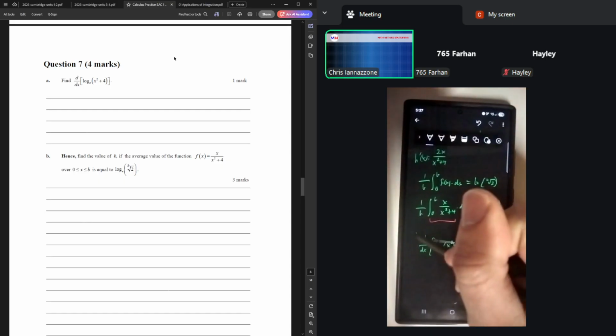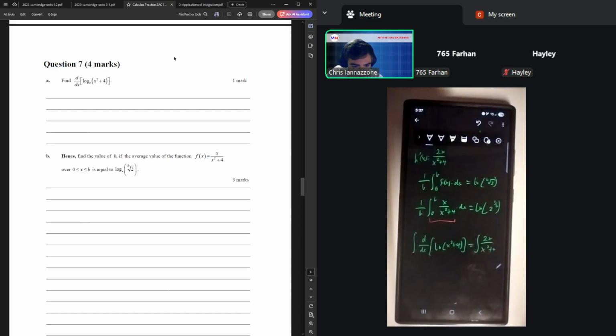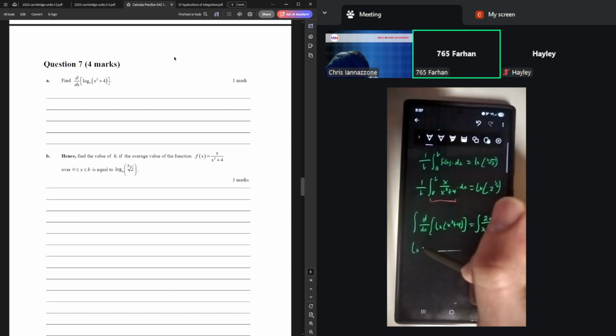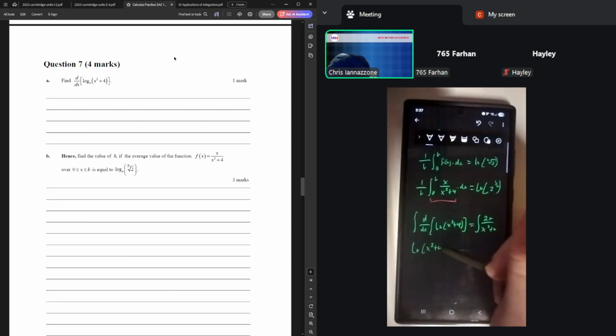And all we're doing is slapping that integral on both sides. That'll cancel out. Natural log of x squared plus 4 is equal to the integral of 2x over x squared plus 4.